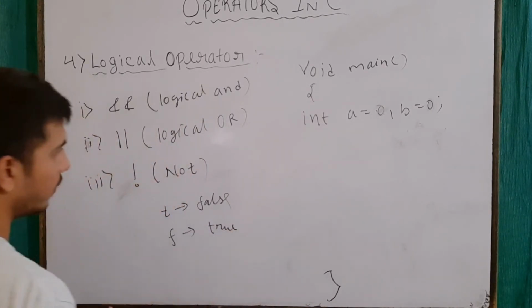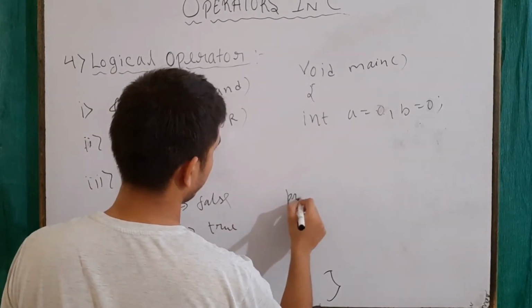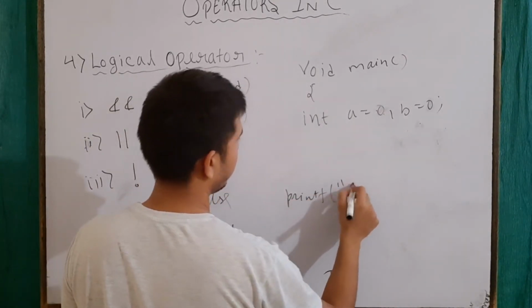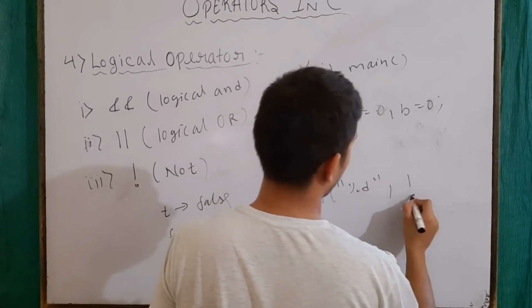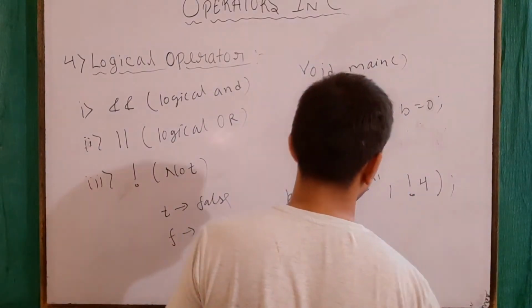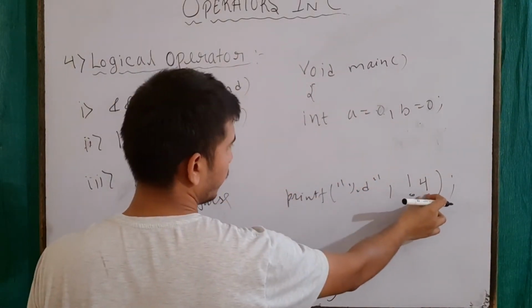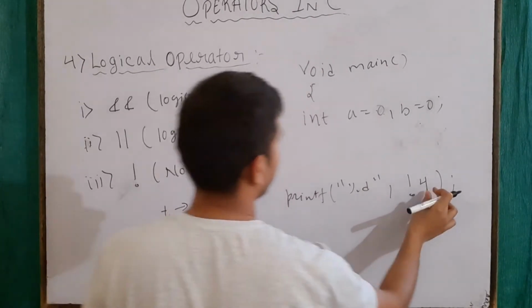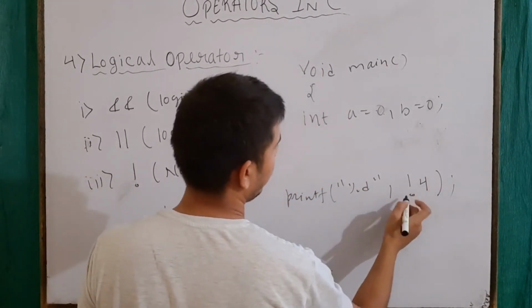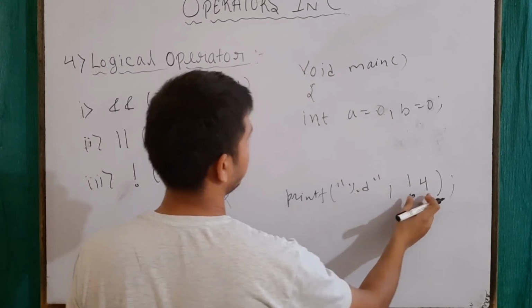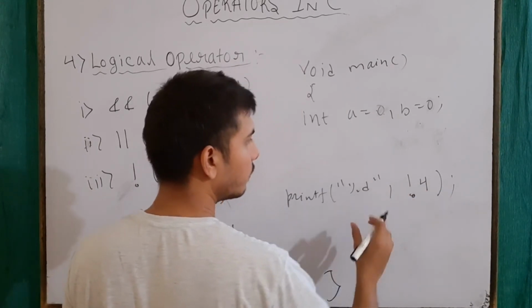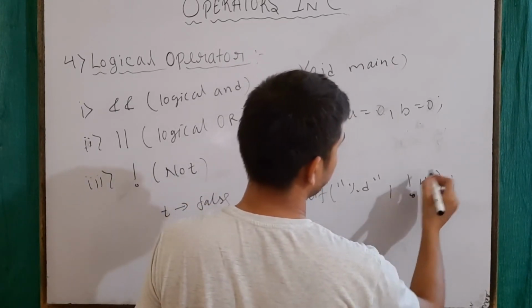For example, if I write here printf of %d NOT of 4. Now 4 is what? True, because it is a non-zero value, right? And NOT will convert it to its opposite. That means this true value will be converted to false, which will be evaluated to 0.